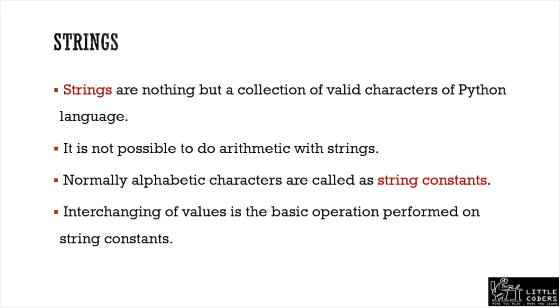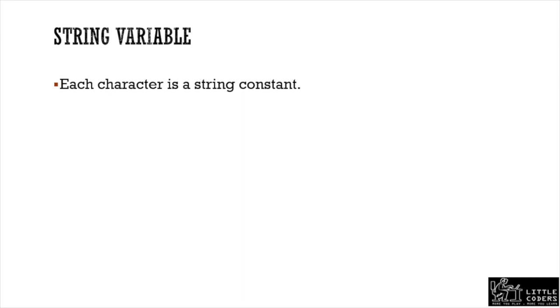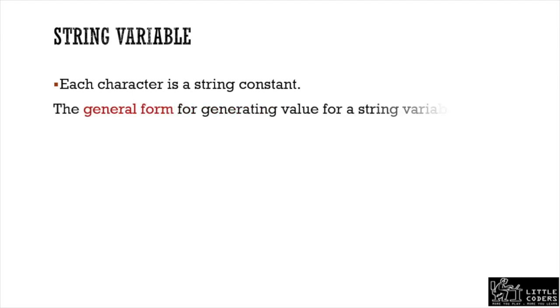So that is possible. That is what can be done using these string constants. Each character in a string is called a constant. Suppose if I say Ramasamy, R is a string constant, A is a string constant, M, J, like that.